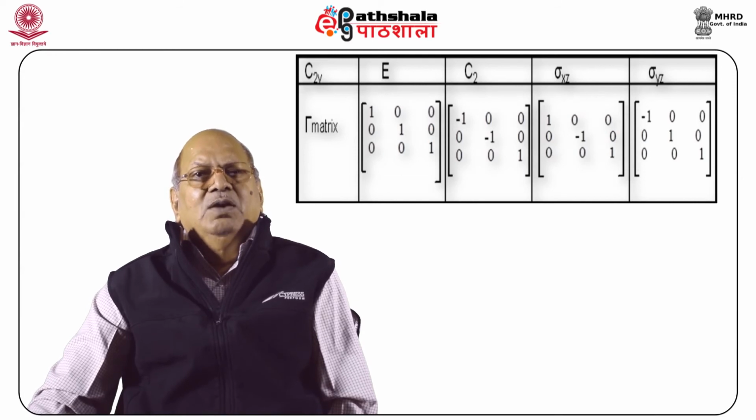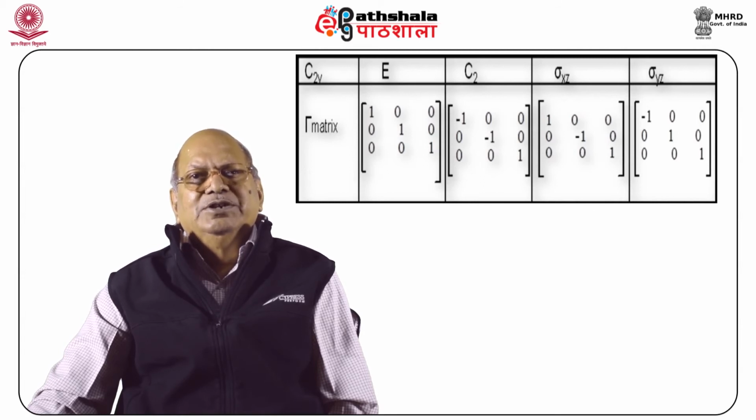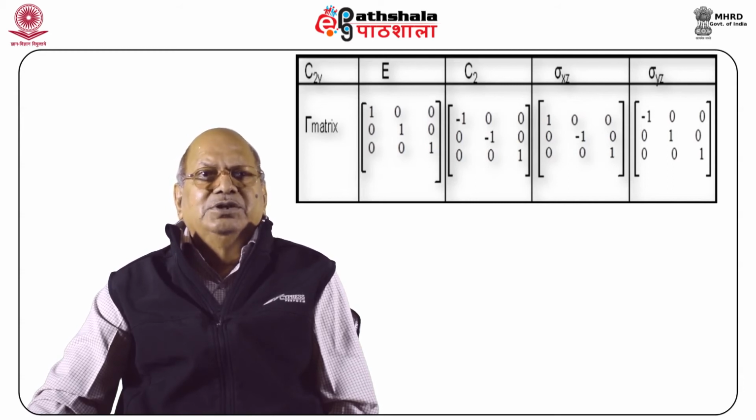These four matrices, each corresponding to E, C2, sigma xz and sigma yz, are written as a set. That is, we have a representation in terms of matrices.